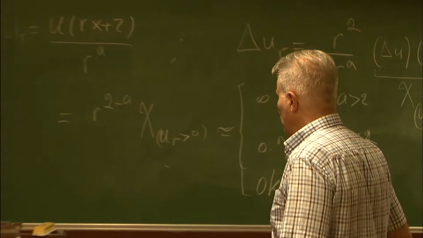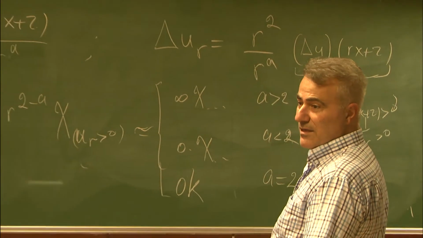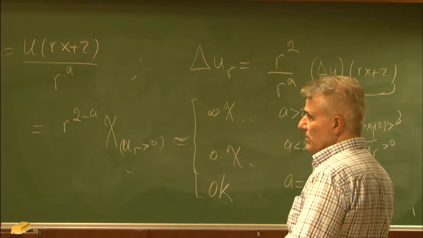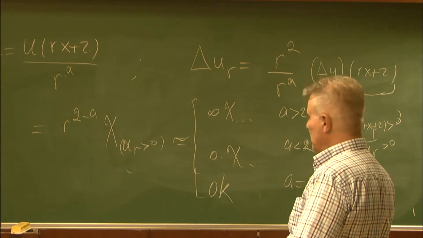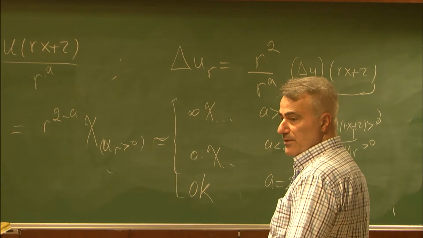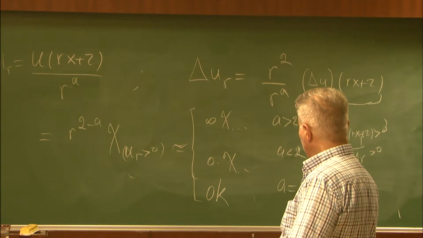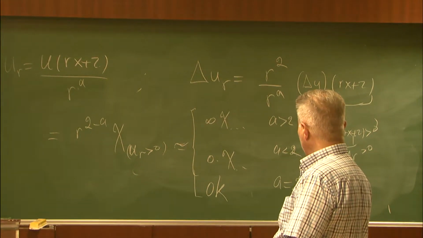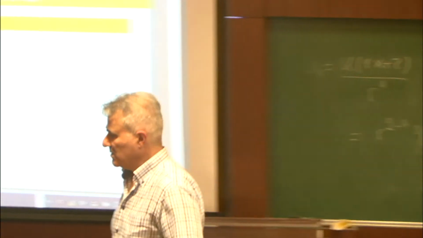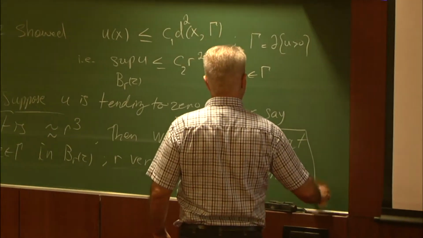But now what I have to do is to prove that really A equals 2. So if my function goes faster to 0, faster than 2, then this is not going to work. Am I correct? Yes. So this is not going to work. An example of A equals 3 would give me what?